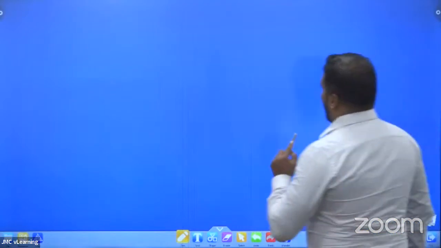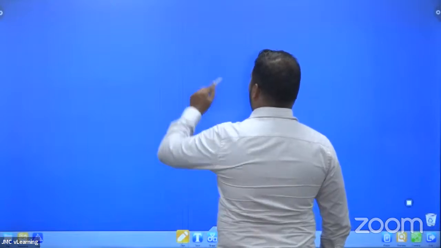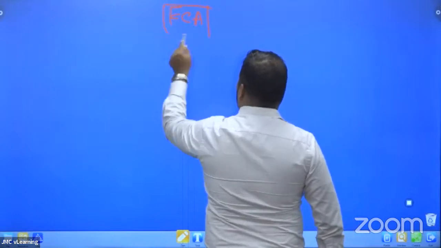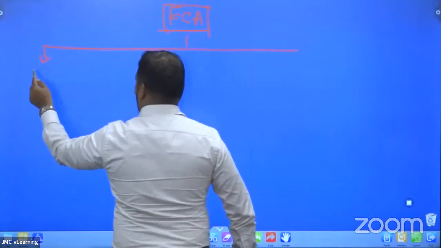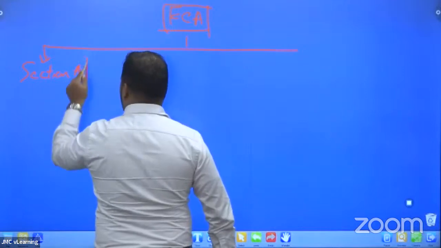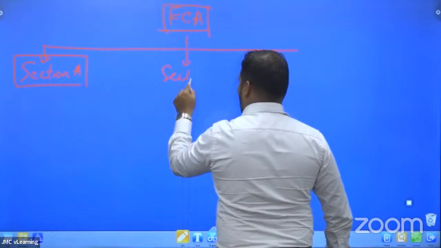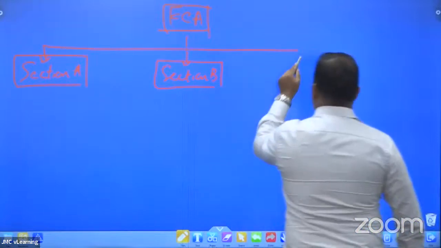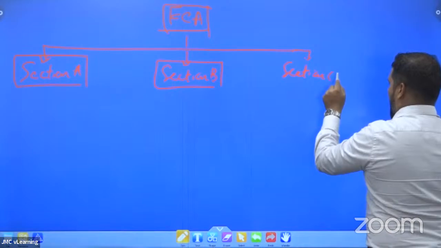When you look at it from the FCA paper perspective, for section A, then you will have section B, and you will have section C as well.